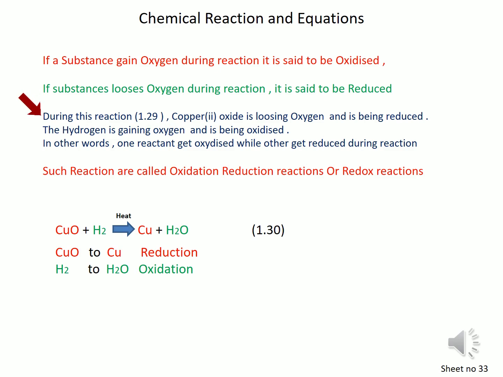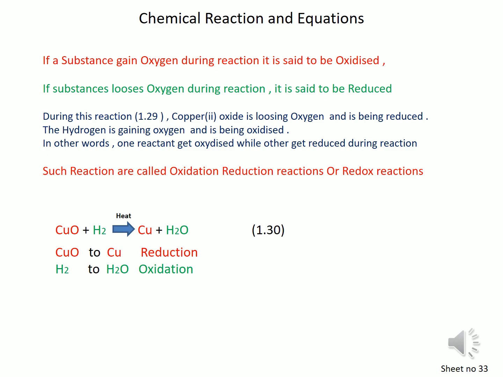During reaction 1.29, copper oxide is losing oxygen and is being reduced. The hydrogen is gaining oxygen and is being oxidized. In other words, one reactant is getting oxidized while the other is getting reduced during the reaction.